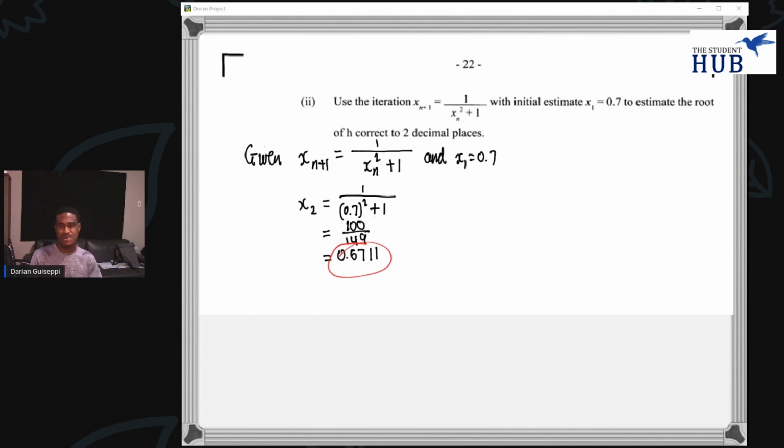Since it's 2 decimal places, I would round it off to about 4 decimal places, just to make sure that when I round this off, I have some breathing space. And what I like to do as well is in my calculator, I would store the exact value that the calculator gave me. It might have like 7 zeros the calculator gave me. So if you know how to store, that would be really beneficial for these questions, right?